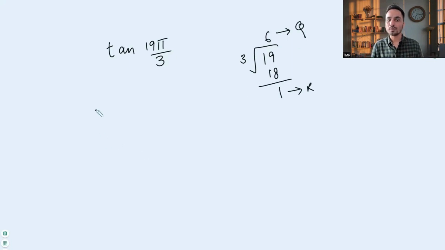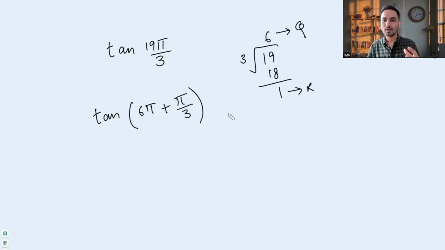That means we can write tan 19 pi over 3 as tan 6 pi plus remainder, which is 1. So 1 pi, or I can just write pi, over 3. And this is because we know that a mixed fraction can be written as quotient plus remainder over the divisor.